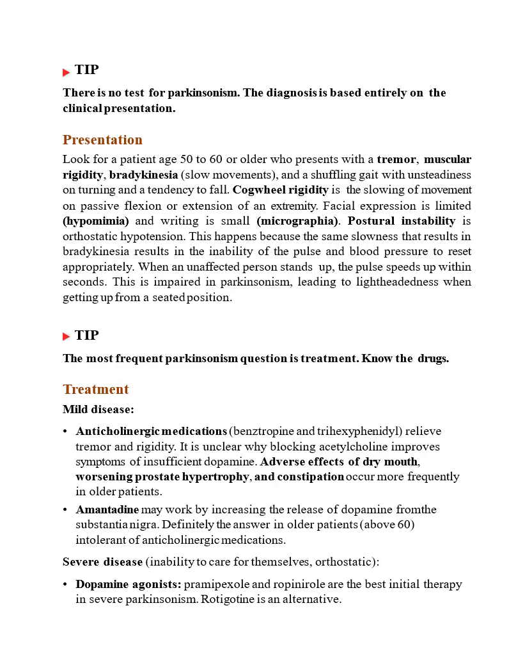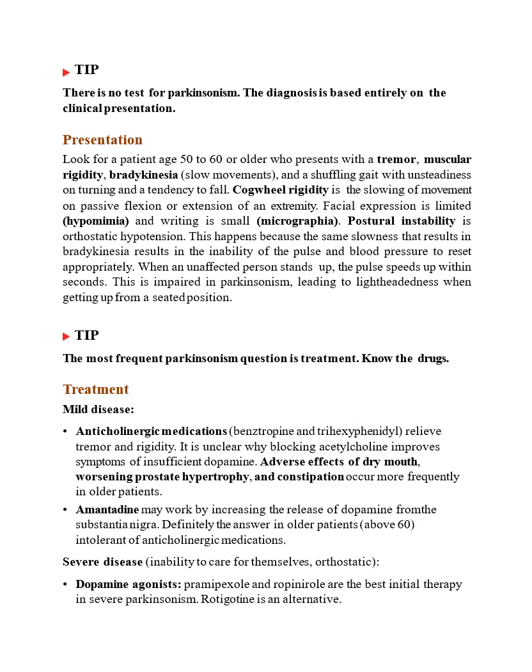There is a clinical tip here which states that the most frequent Parkinson question is the treatment. We need to know the Parkinson drugs. And the treatment is the following. Anticholinergic medications like benztropine and trihexyphenidyl.